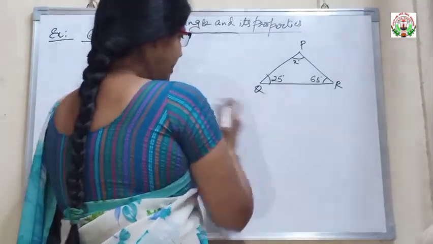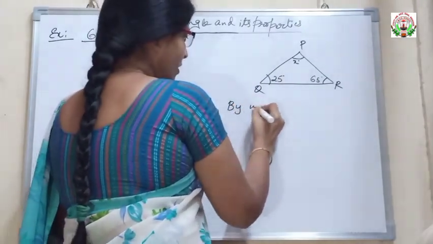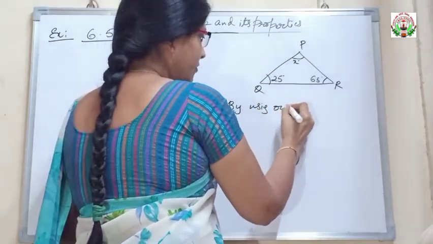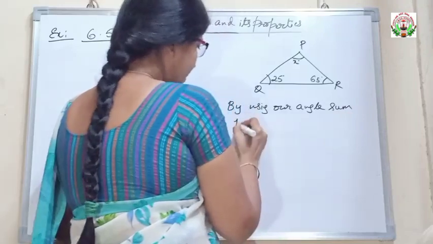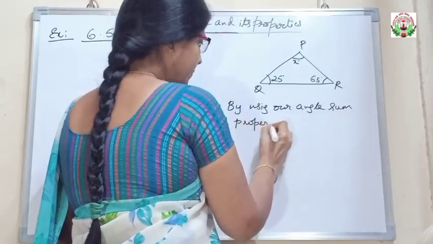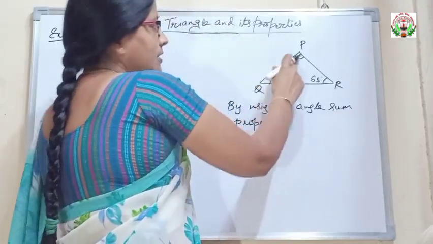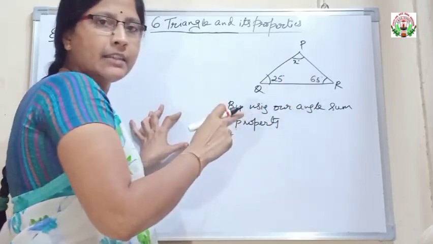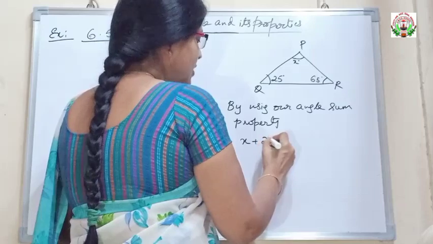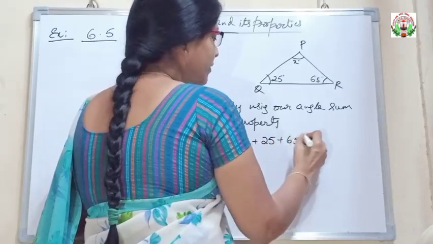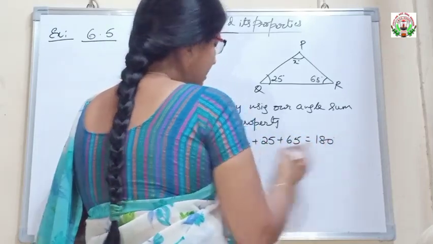By using our angle sum property, that is sum of all the 3 angles of a triangle is 180 degrees. So x plus 25 plus 65 is 180 degrees.